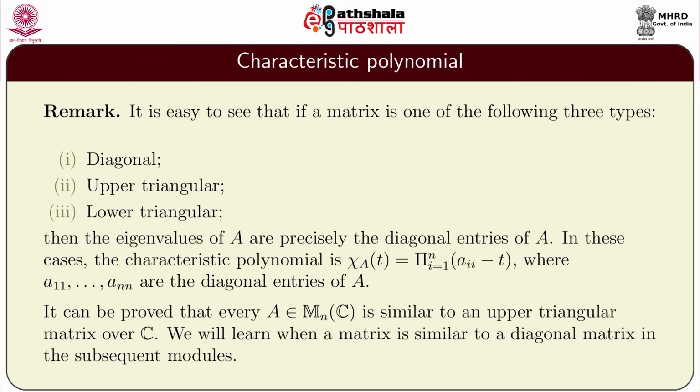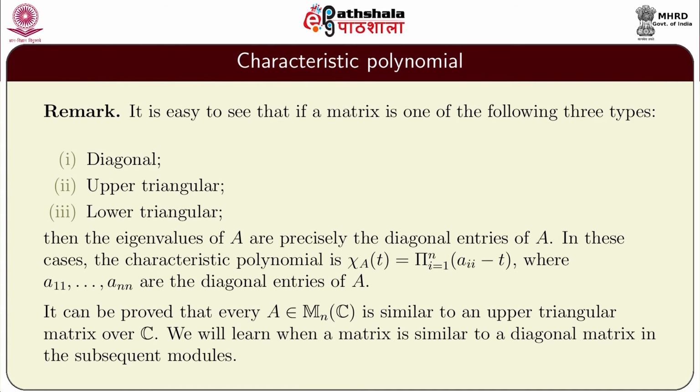Now, we observe this interesting phenomenon that if a matrix is one of the following three types, that is diagonal or upper triangular or lower triangular, then the eigenvalues of A are precisely the diagonal entries of the matrix.